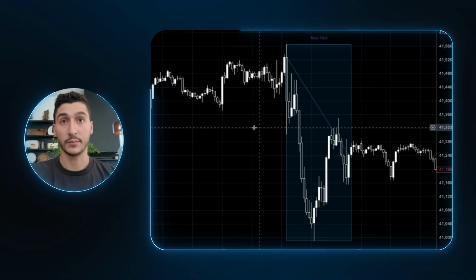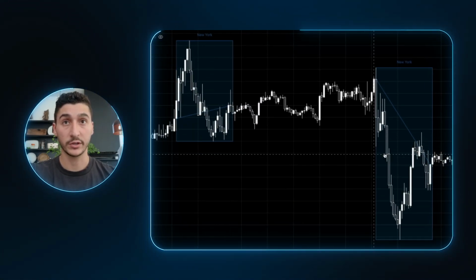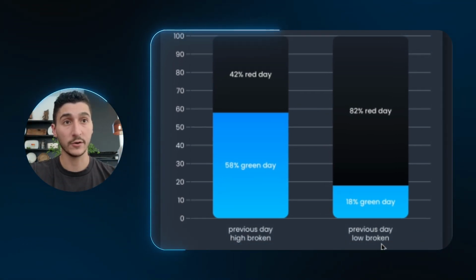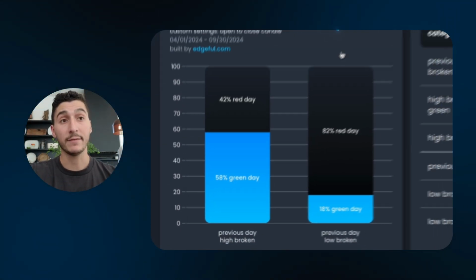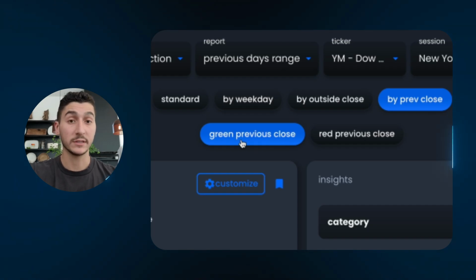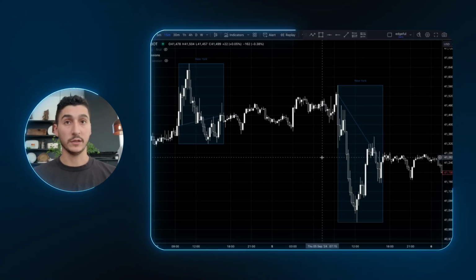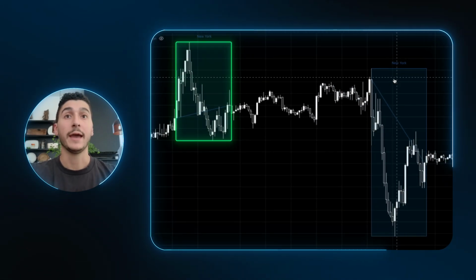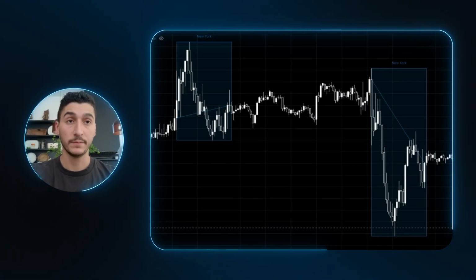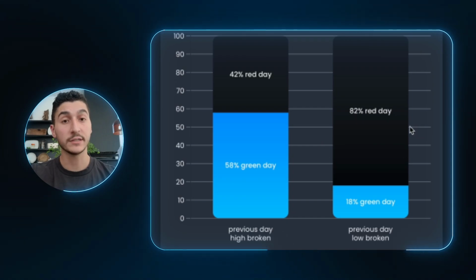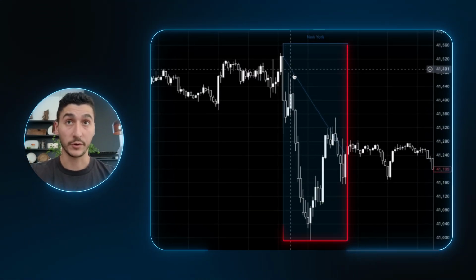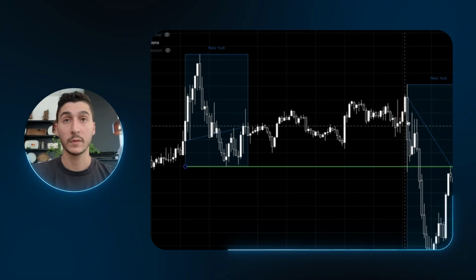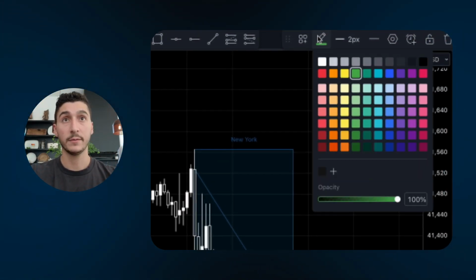So let's move on to today. You can see that the previous day's low was clearly broken today, which would fall into this category here, previous day's low broken. Now I have the green previous day selected. So what this means is every time yesterday was green and today breaks the previous day's low, 82% of those days have been red. So this is a perfect example. This day was red. So we broke previous day's low right here, I will make this red.